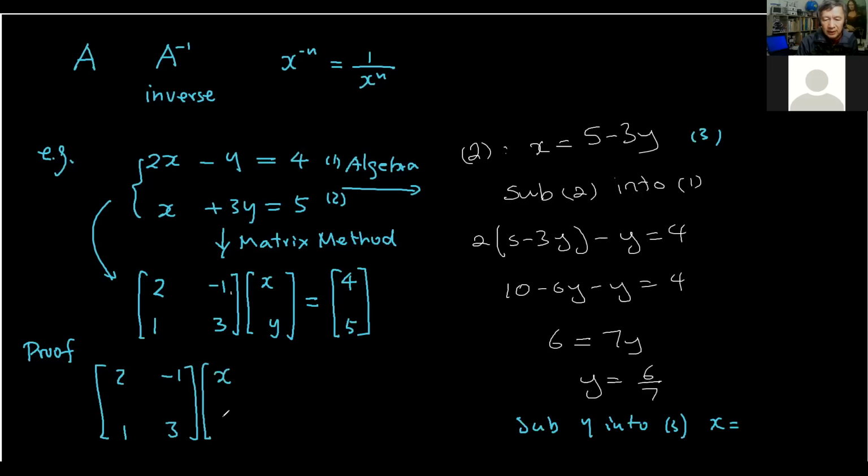After the multiplication, do we get a square matrix or a column matrix? You still get a column. Well, try it. It's just 2x, right?